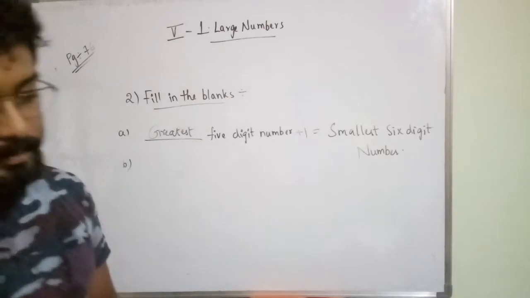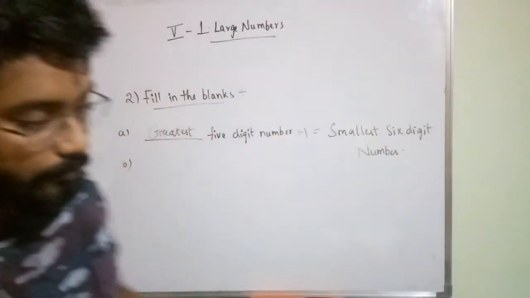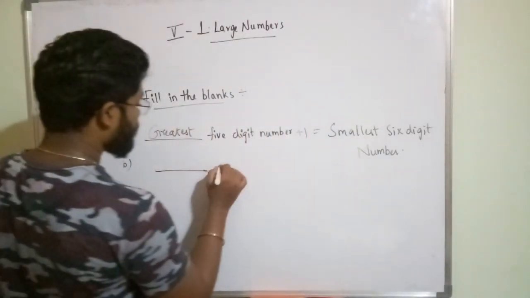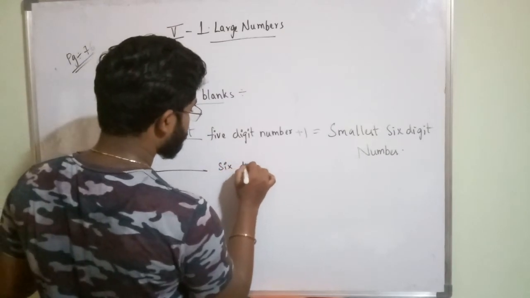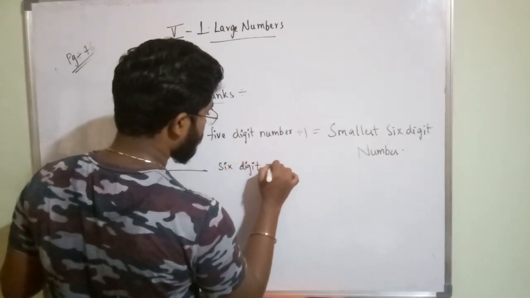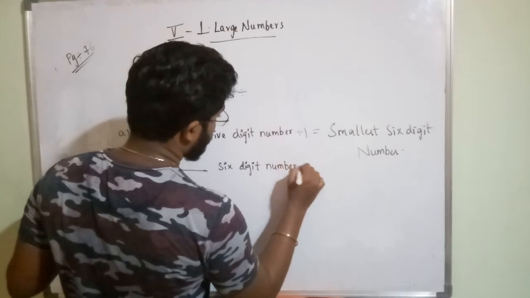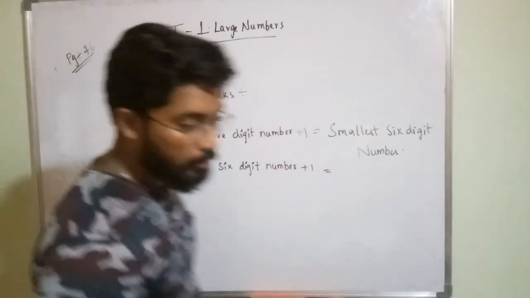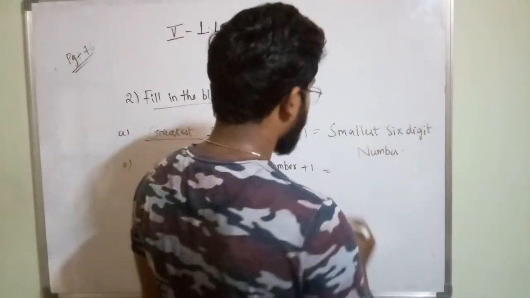So next one is B. Dash 6 digit number plus 1 equal to smallest 7 digit number.